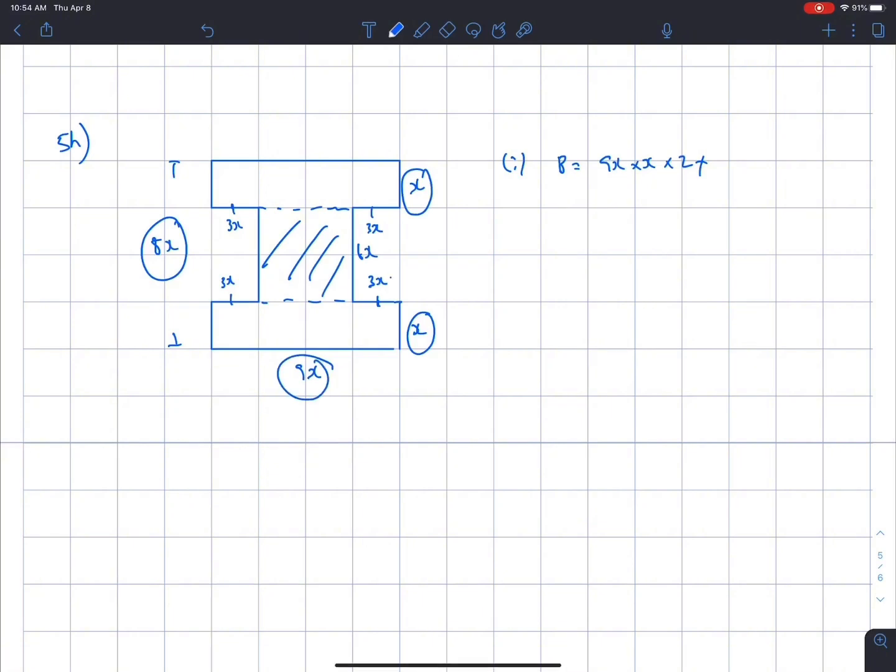If this is 9x minus 3x, we should be left with 3x. So the middle rectangle piece will just be 6x times 3x. So 9x times x, 2 of them, is 18x squared. And then 6x times 3x, 6 times 3 is 18, x times x is x squared. We get 36x squared after we add it up.